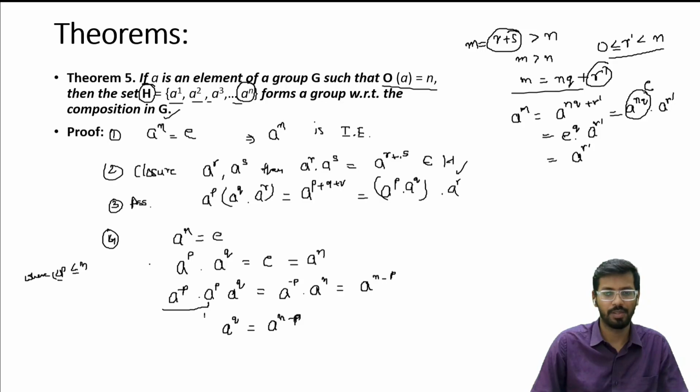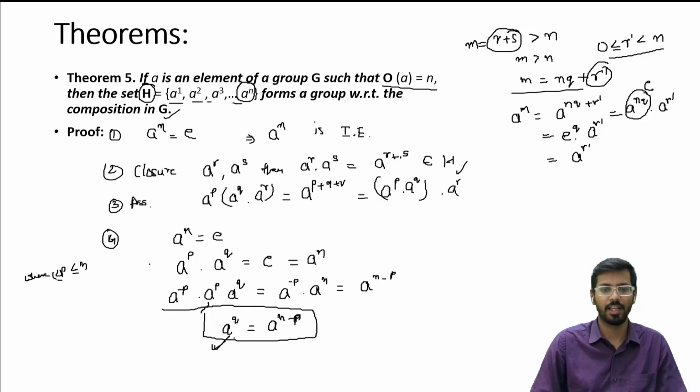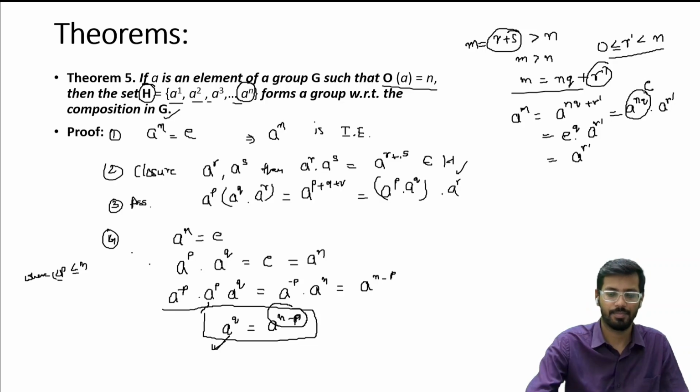So this a raised to power q is the inverse element of a raised to power p, where q is n minus p, and this n minus p is between 1 and n, because p is given to be between 1 and n. So n minus p will also be between 1 and n.